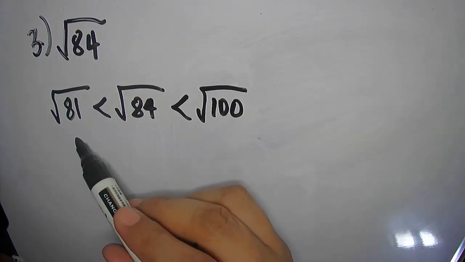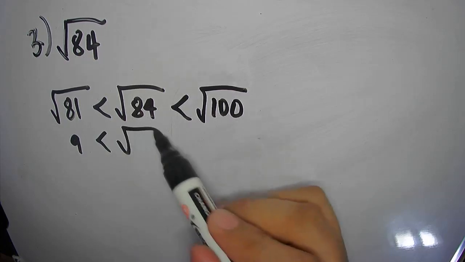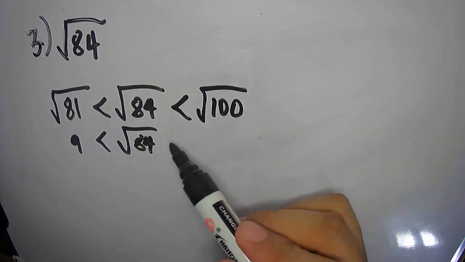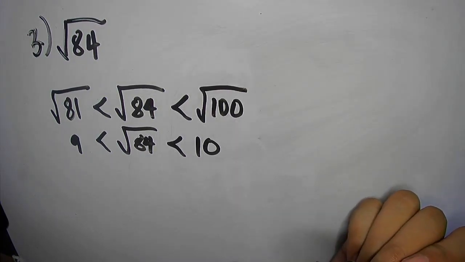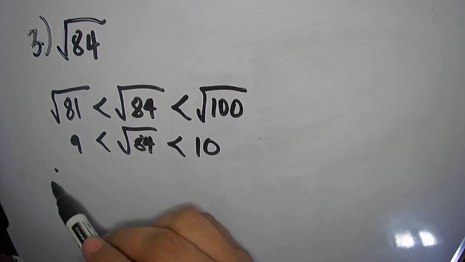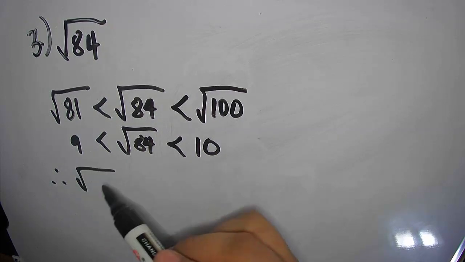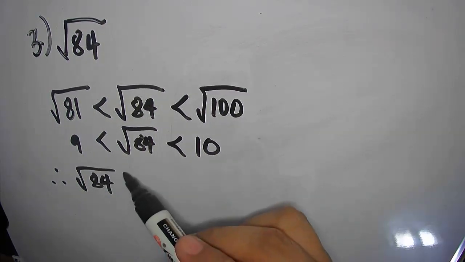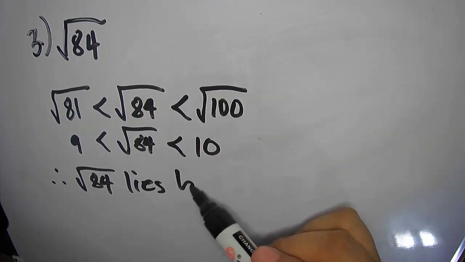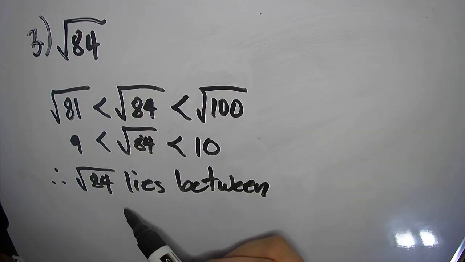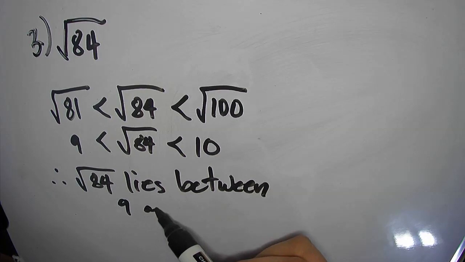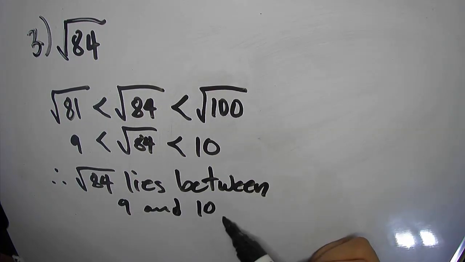Okay? So 9 is less than square root of 84, but square root of 84 is less than 10. So what is our conclusion? The square root of 84 lies between what two integers? That's 9 and 10.